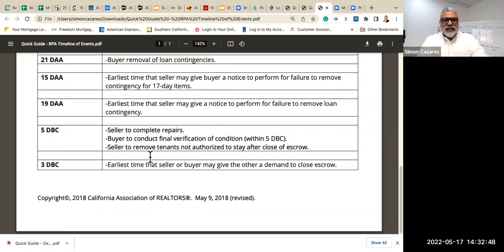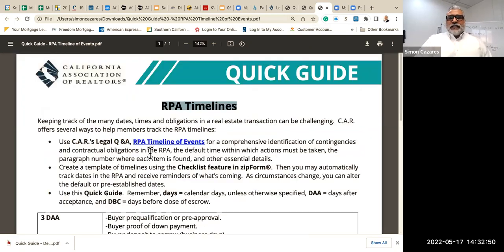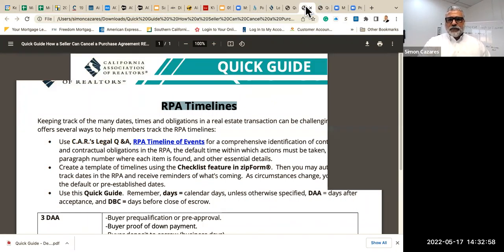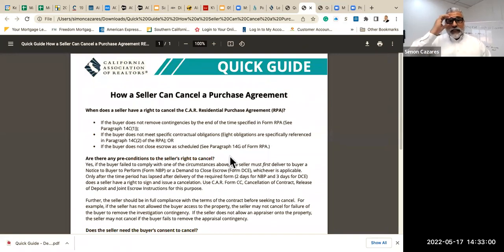All right, so this is again just giving you the elements of the purchase agreement. Now, what I'd like to discuss is how a seller can cancel the purchase agreement. I've talked to you about the elements of timelines. These are very crucial timelines, knowing the 5 days, the 3 days, the 17 days.